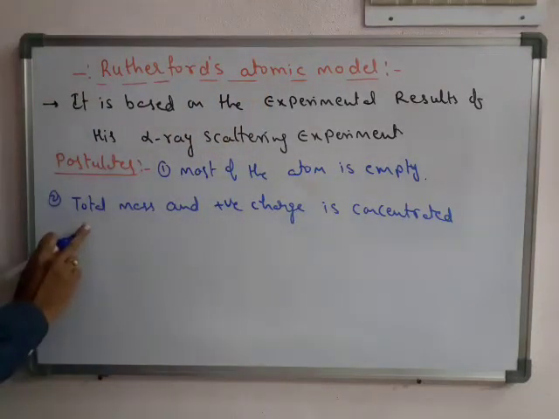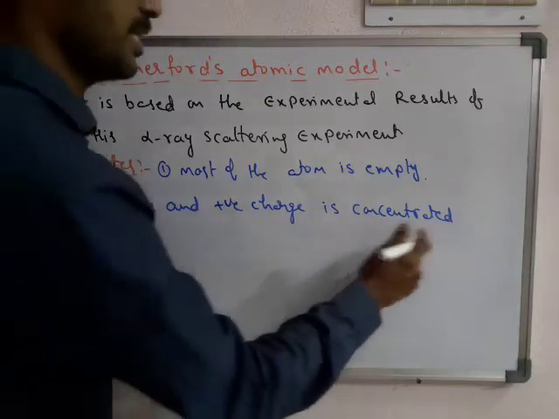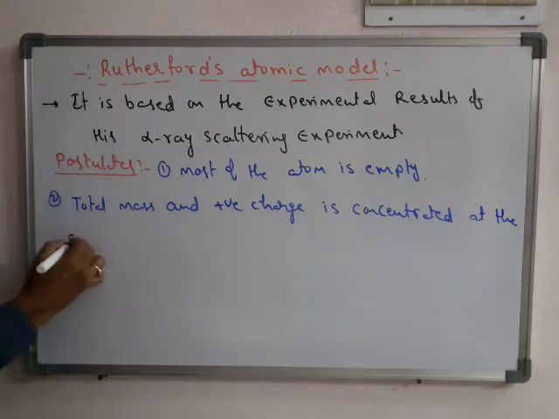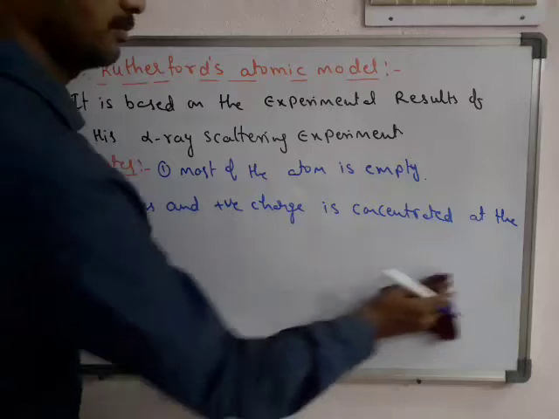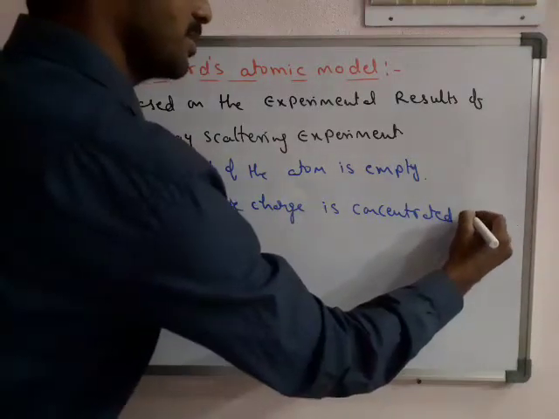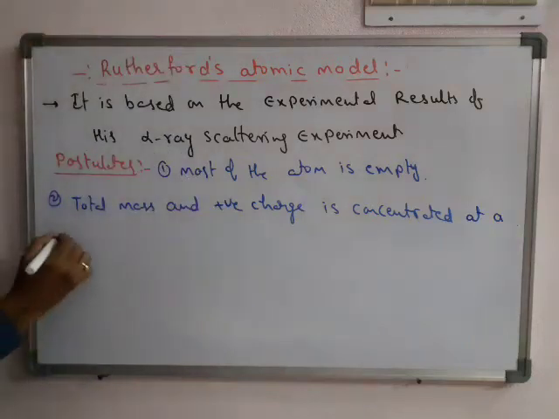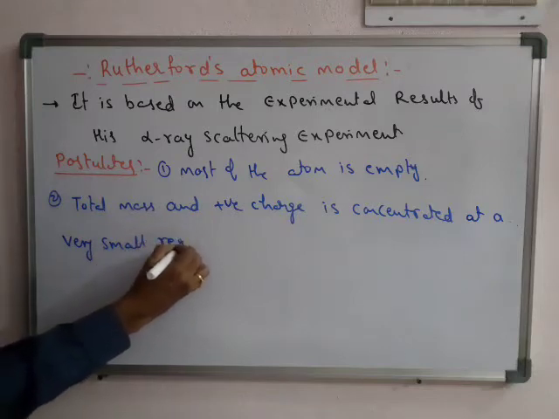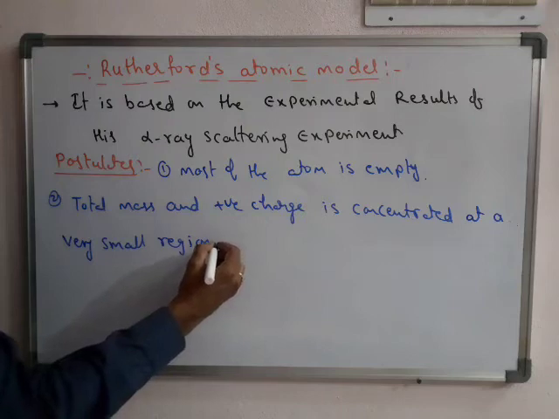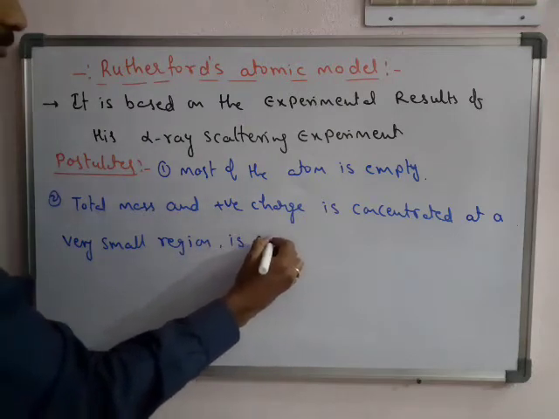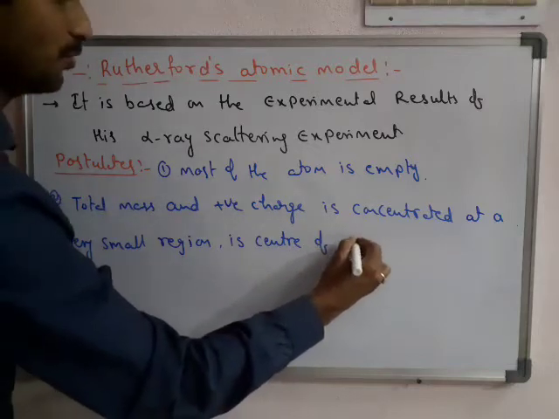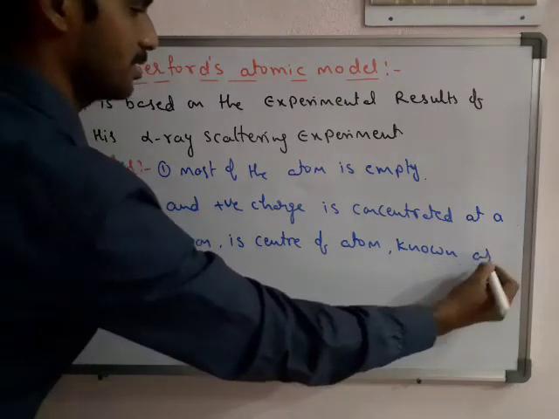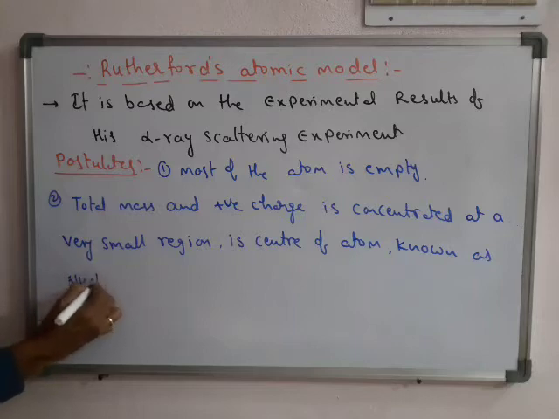So we take that as the second point: the total mass and positive charge are concentrated at a very small region, which is the center of the atom. The center of the atom is named the nucleus.